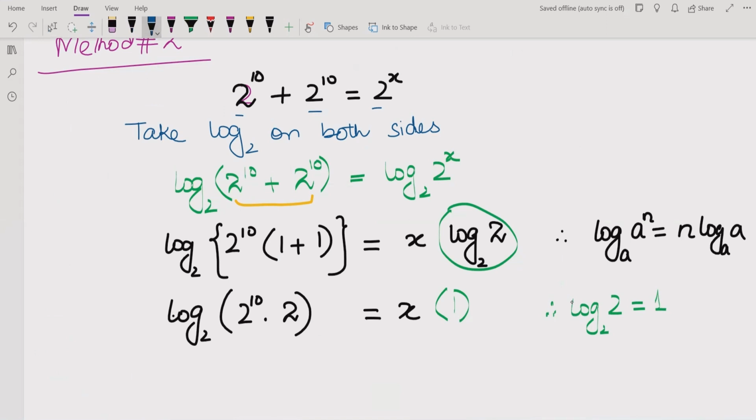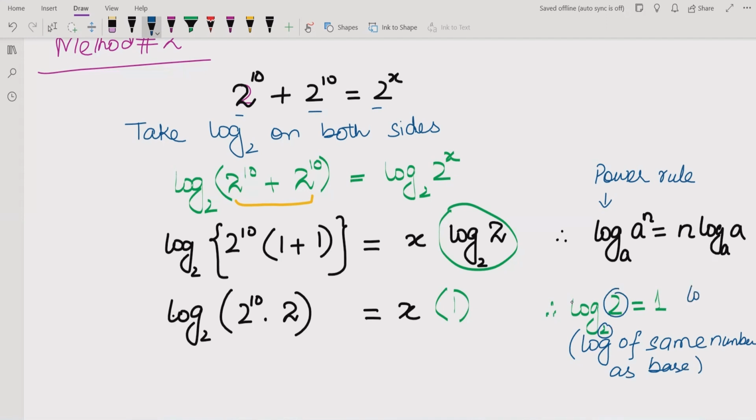By the way, this one is called the power rule, and this one is the log of the same number as the base. This one and this one are the same, so it equals 1, and you can write log base a of a equals 1.